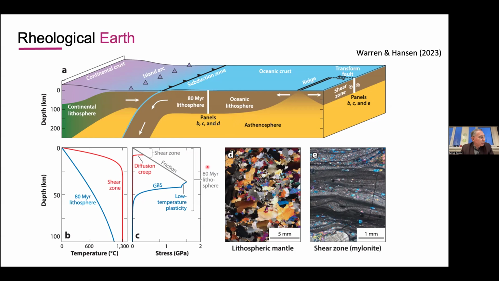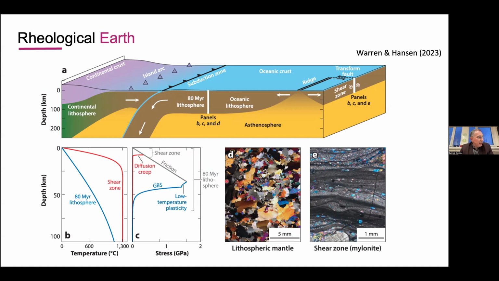And when we try to describe the mechanics of the lithosphere, people used to use simple descriptions, the kind of Christmas tree, which basically try to say that at some point, on the rigid, brittle side, you have the envelope which is following the Byerlee's law, so it's frictional plasticity, if you like. And then at some point, depending on the conditions, you meet a different regime where the rock becomes ductile.